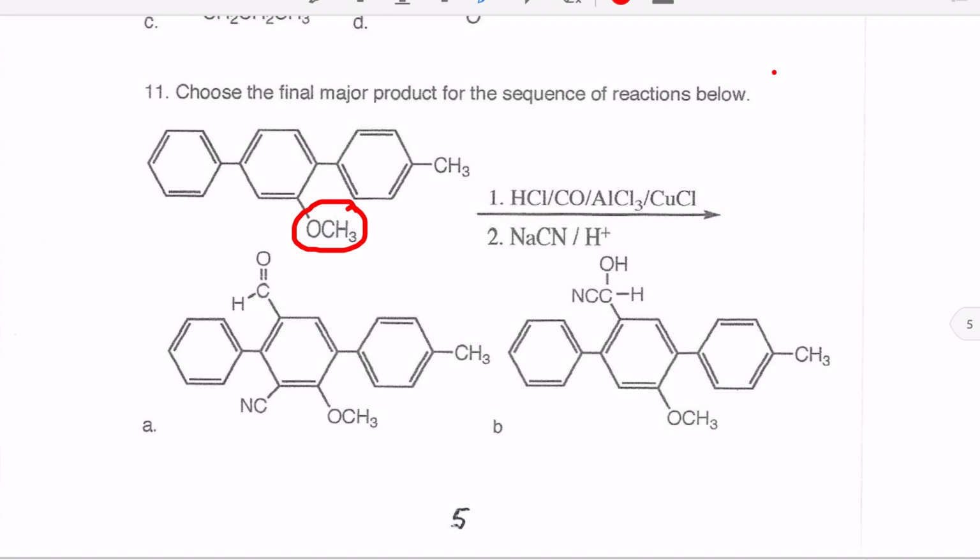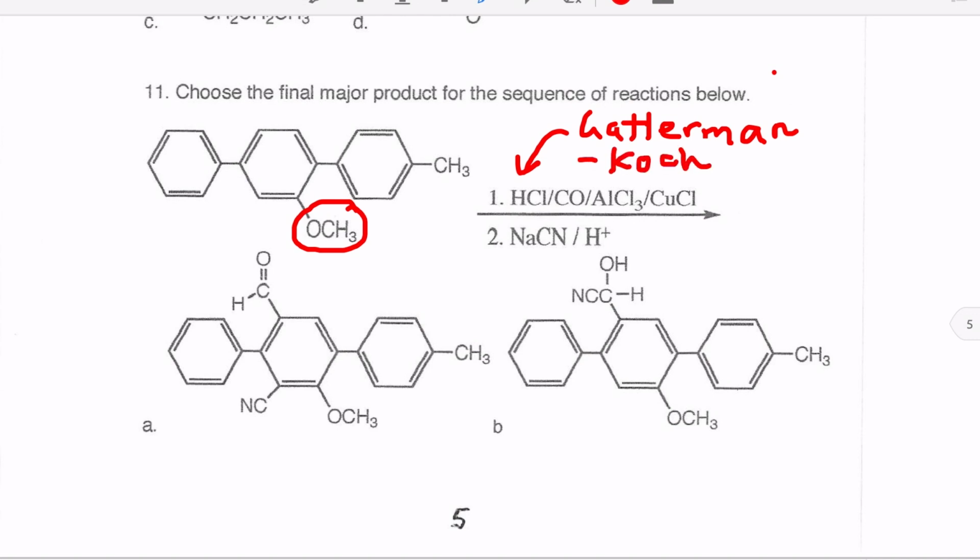When you look at these reagents, actually this mixture of reagents is a known mixture of reagents, and it's used in a reaction known as the Gattermann-Koch synthesis. So I'll just write it here. Gattermann-Koch synthesis.